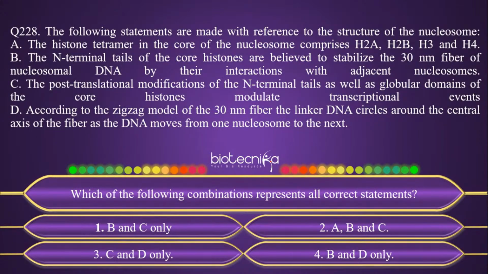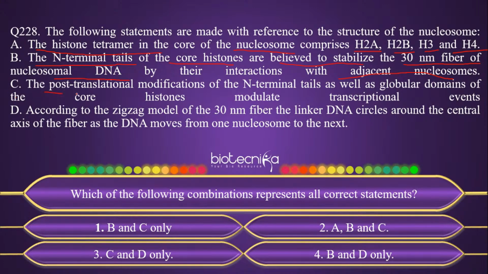Next. Now, the following statements are made with reference to the structure of nucleosome. A. The histone tetramer in the core of nucleosome comprises H2A, H2B, H3 and H4. B. The N-terminal tails of the core histones are believed to stabilize the 30 nanometer fiber of nucleosomal DNA by their interaction with adjacent nucleosomes.